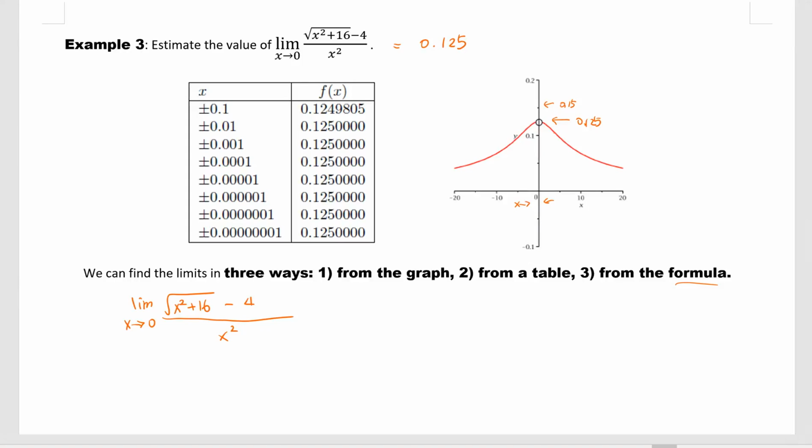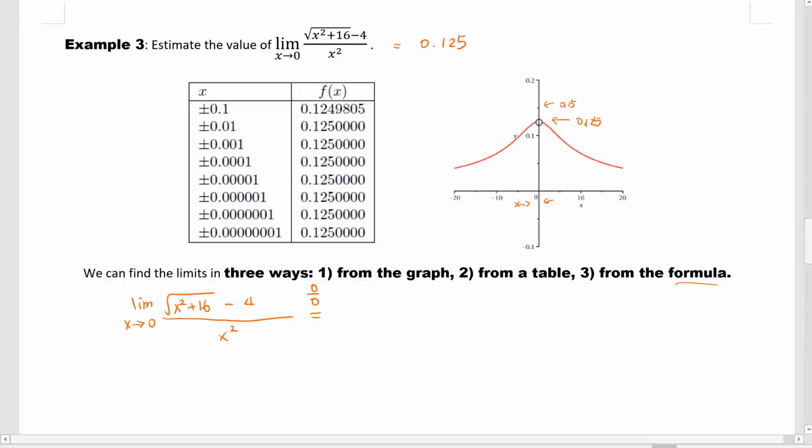Okay, so let me copy down this function and then let's continue. So when x goes to 0, what happened? Well, then we have square root of 16, which is 4. 4 minus 4 is 0. Oh, we have 0 over 0. So that means there is a bad guy.